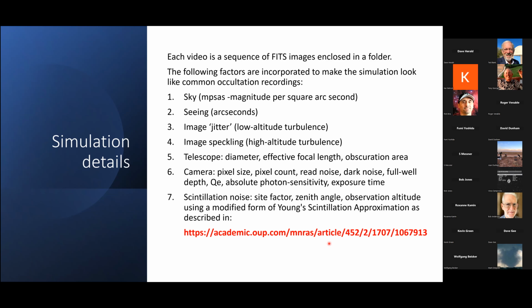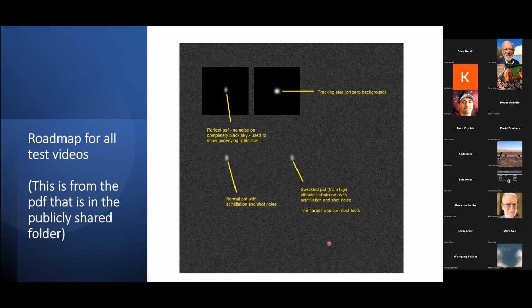In these simulations, I used a factor of 4. So I assume that we're nowhere near having the seeing conditions of the best observatories in the world. Now, as a result, scintillation noise tends to dominate. It's typically about 4 times the contribution of all of the other parts.